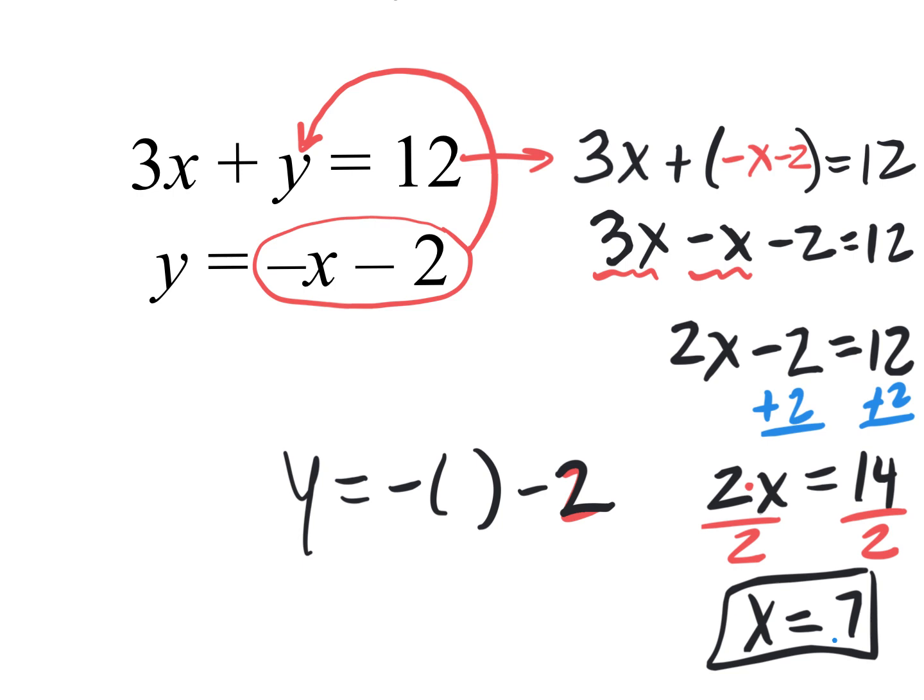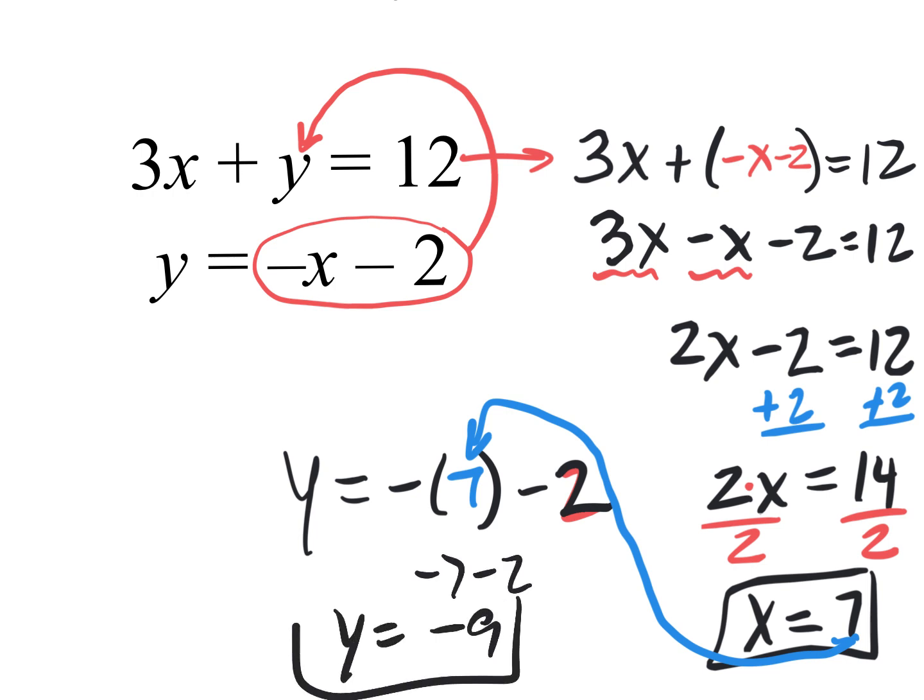So I want to take that 7 and plug it in right here. So what I really have is a minus 7 minus 2. What is minus 7 minus 2? That's negative 9. So y equals negative 9 is my other answer. And of course, you're going to type it in as an ordered pair, 7 comma negative 9.